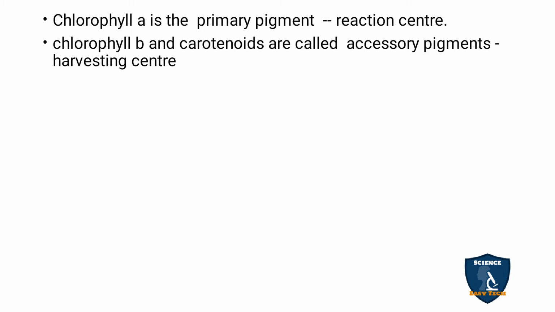So the reaction starts at chlorophyll A. Harvesting means, you put seeds in the ground and get a plant, from the plant you get flowers and then fruits, and when the fruits are maturing and ripening, you pluck them. That is called the harvesting time. Like that, the chlorophyll starts the photosynthesis.